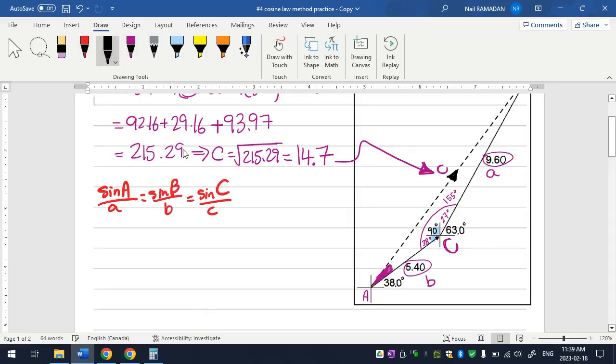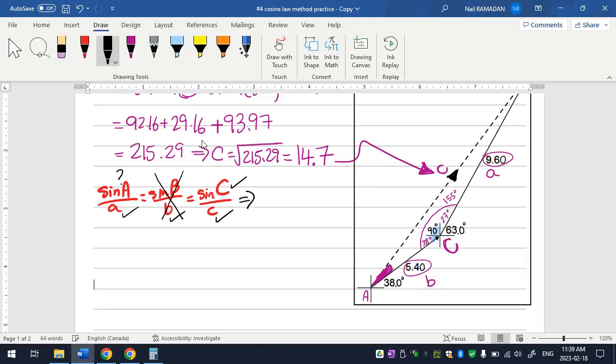Now, I know all three sides, so I know check, check, check, and I do know angle C right here, the 155. And what we want to find is angle A. So it's this one that we want to find, which means technically this fraction is useless. I don't need it at all.